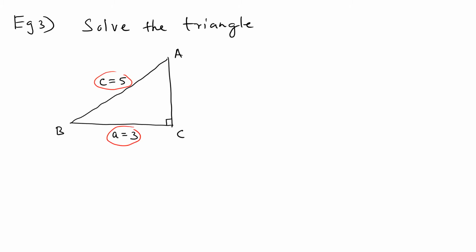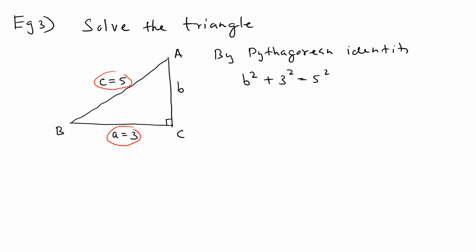So the first thing we're going to do is find the unknown side first, which is b. For that we can use the Pythagorean identity. By the Pythagorean identity, we can write b squared plus 3 squared equals 5 squared.